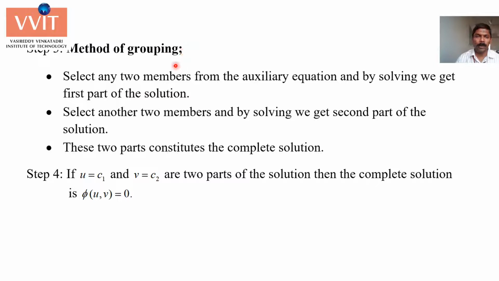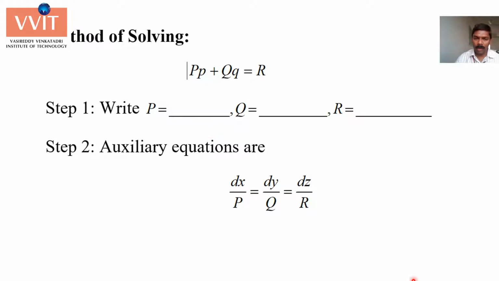So what we do in grouping is select any two members from the auxiliary equation, and by solving we get first part of the solution. If you go back and see auxiliary equations, as I said, we are having three members. Dx by P is first member, dy by Q is second member, dz by R is third member. Now we select any two members.